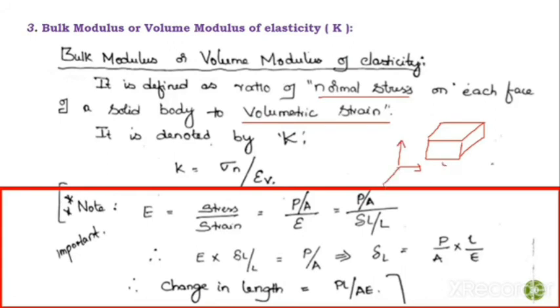This is the length L, B is the width, and this is D. Let the axes be X, Y, Z. So when a force is acting in this direction, you are going to have a change in the length of the body L. Therefore, you are going to have Ex. Ex is nothing but the strain in the body in the direction of X.